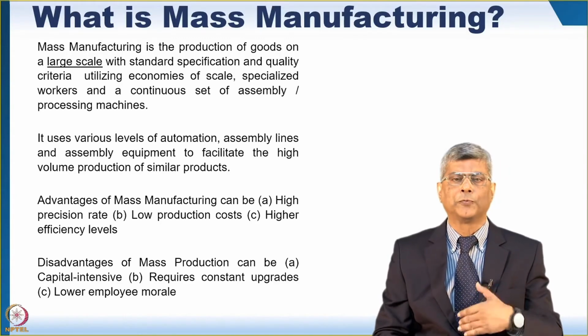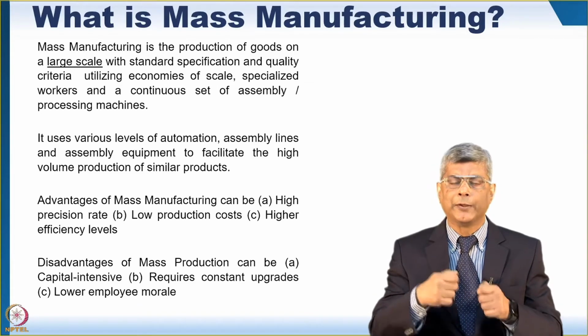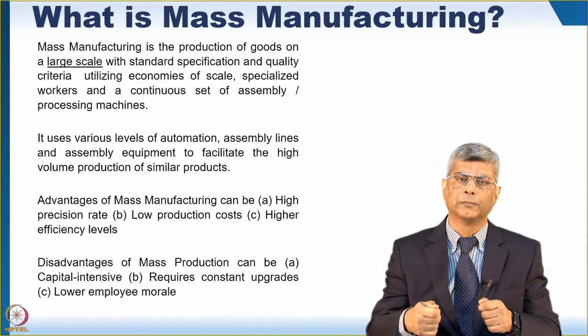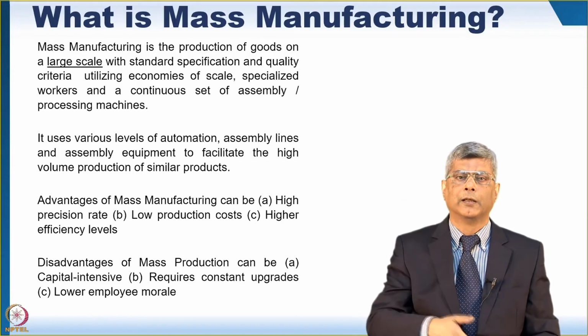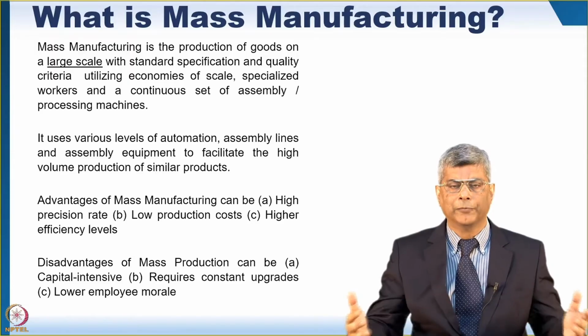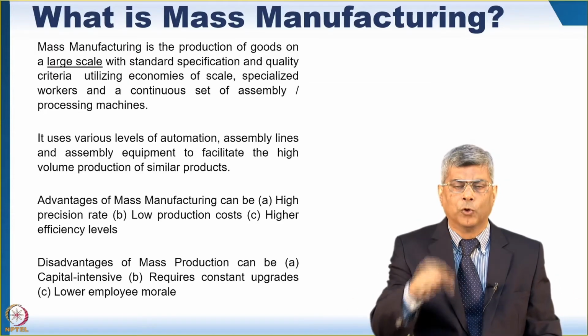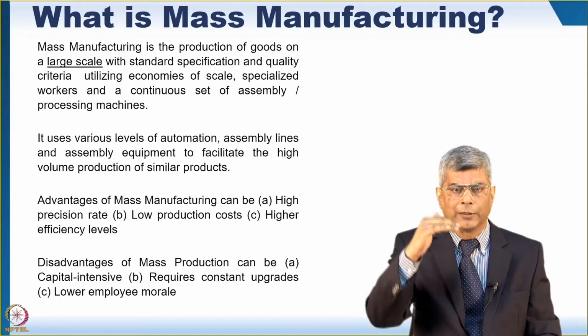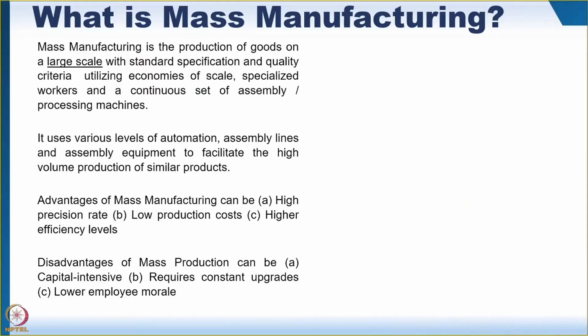And of course, it's not good for the worker or the employee, because he's doing the same thing 100 times, 1,000 times on the same day. And he may think, what is my value contribution? Because he is only doing one small piece of manufacturing over and over again on the same day. So the morale or the interest level of the employee can come down. So let's look at a few examples.